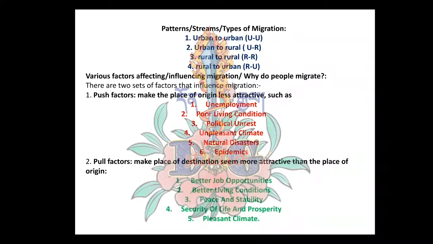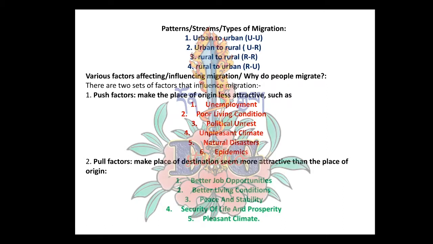The most dominant factor, the most important factor, is job transfer. For urban to rural, one of the most important factors, the dominant factor, is that most retired and old age people are moving from urban to rural.